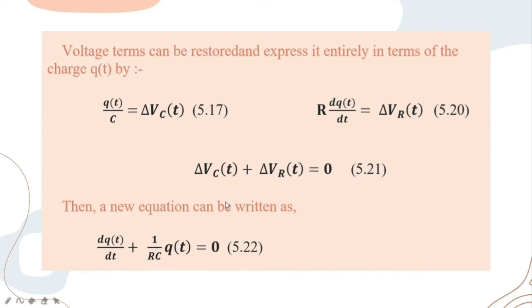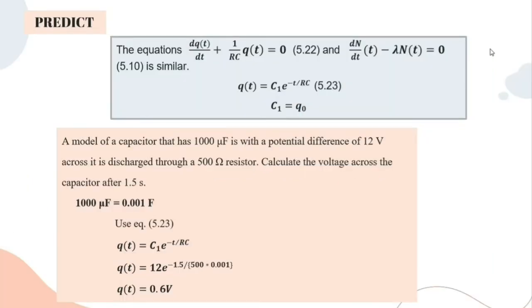Then a new equation can be written as the derivative of Q(t) plus 1 over RC multiplied by Q(t) equals 0. So we can see that equation 5.22 and equation 5.10 are similar. So the equation can be defined as Q(t) equals C1 e to the power of minus t over RC, where C1 is the initial charge, which can be known as C1 equals Q at t equals 0, because t is equal to infinity.